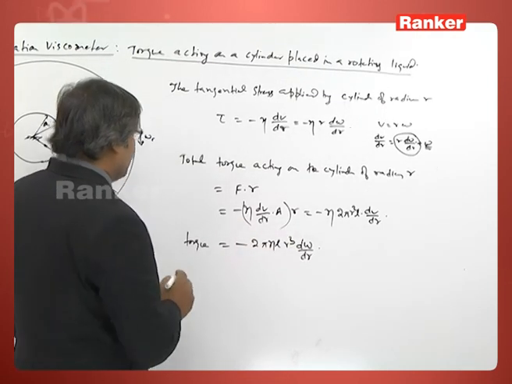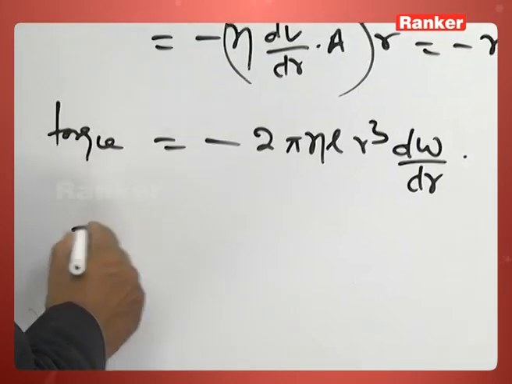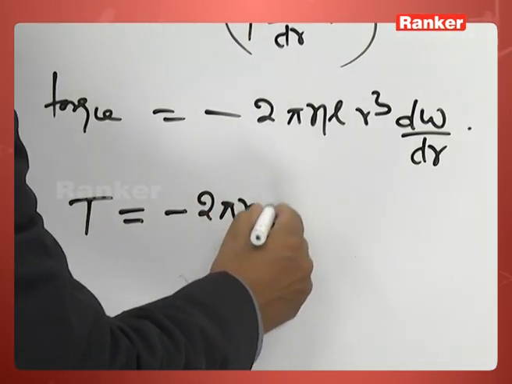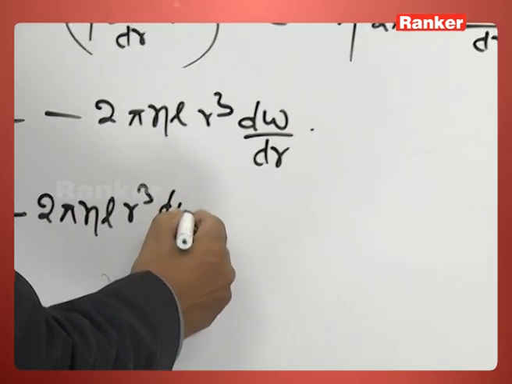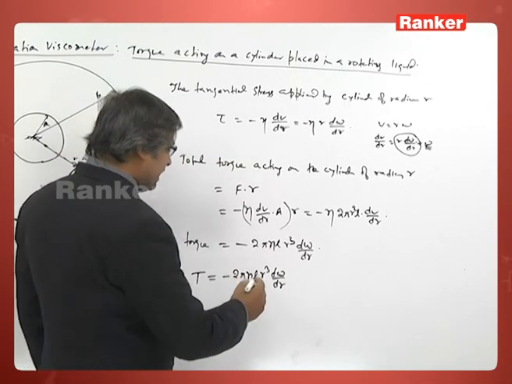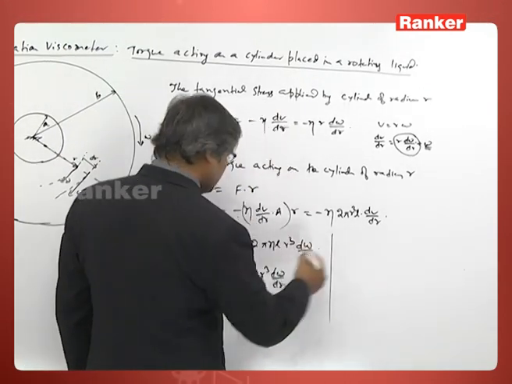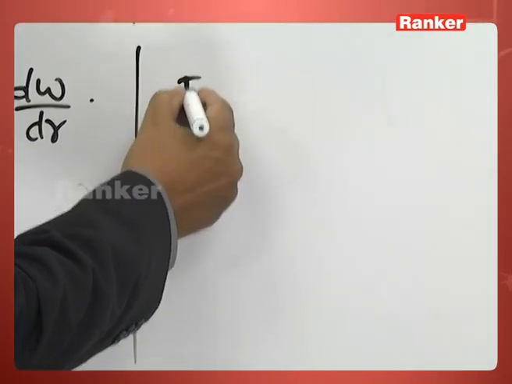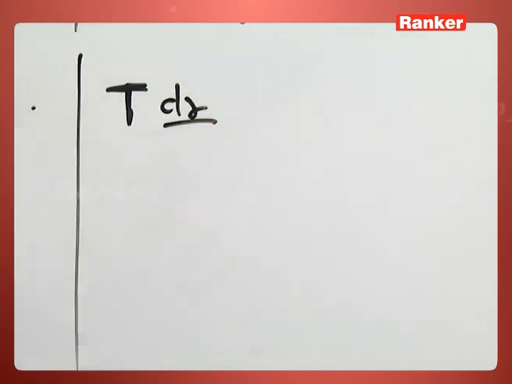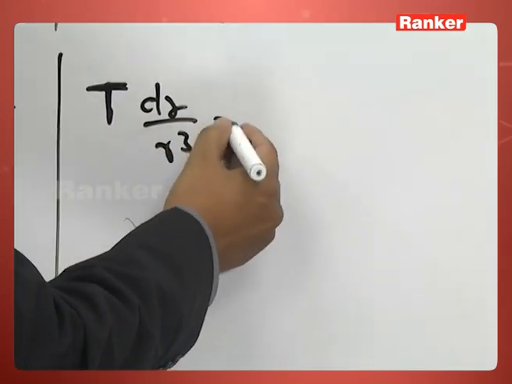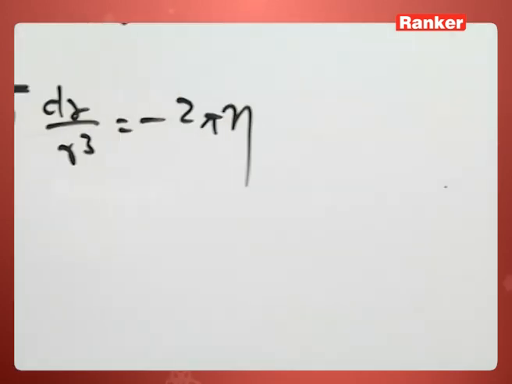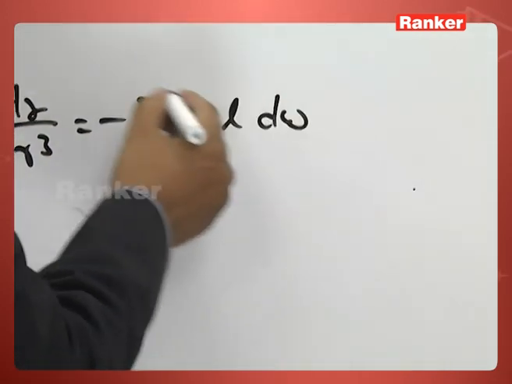So if I say that the torque T acting is minus 2 pi eta L r cube d omega by dr. So let us integrate this. So this total torque T, and if I put this dr by r cube, I will get T dr by r cube is equal to minus 2 pi eta L d omega.